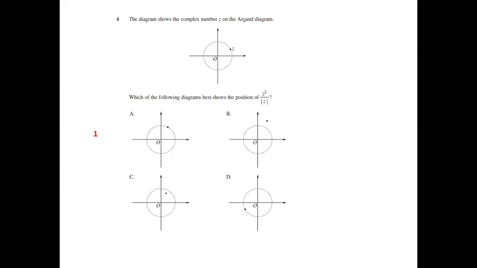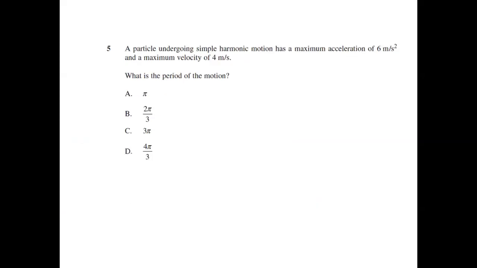The most common response is A, then it's C, then B, and the least one is D. And the correct answer is A. Question 5 is simple harmonic motion, given acceleration and maximum velocity of 4. What's the period? The most common response is D. The next one is B, then C, and the least common response is A. And the correct answer is D.